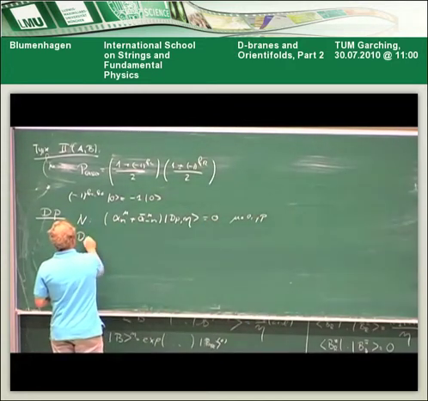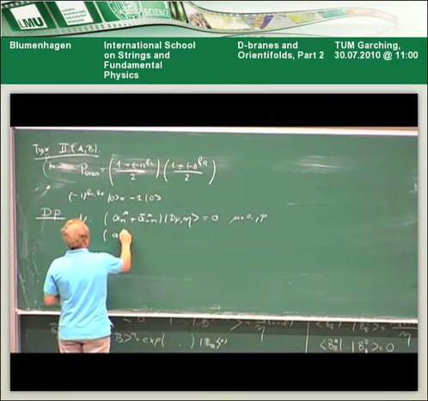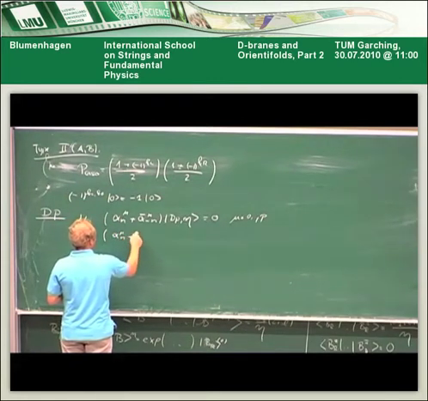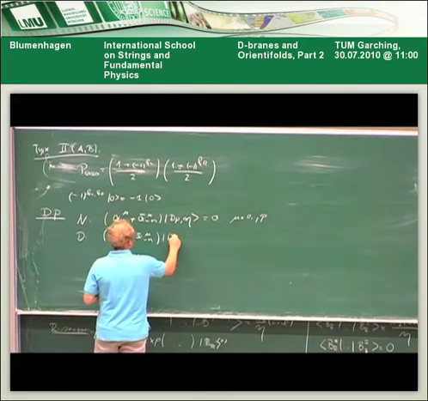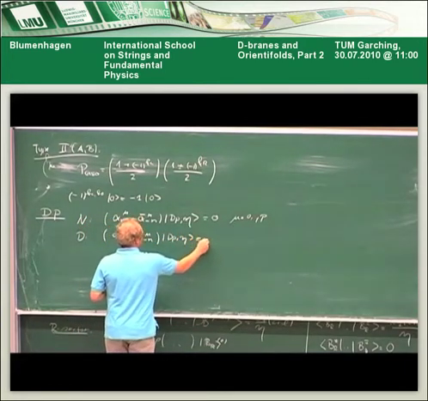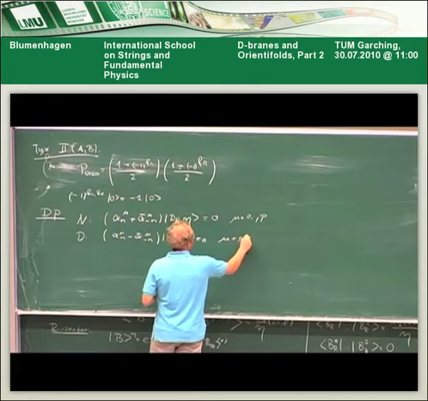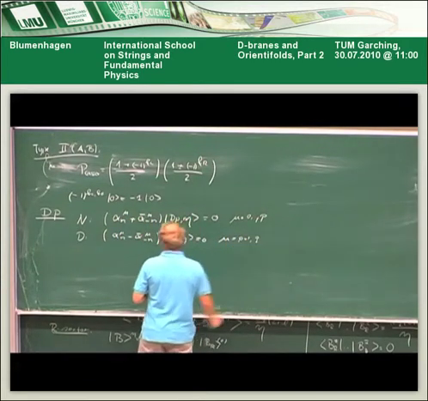And then we have Dirichlet boundary gluing conditions in the remaining ones. So there's a sign change here, up to 9, so we have 10 directions.